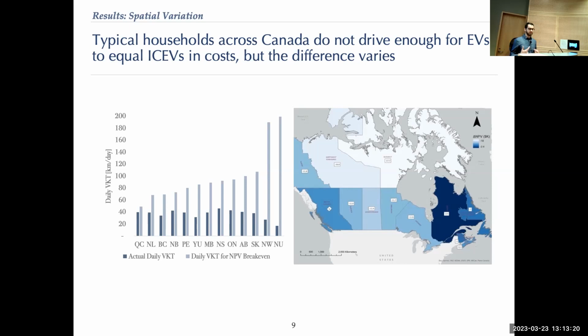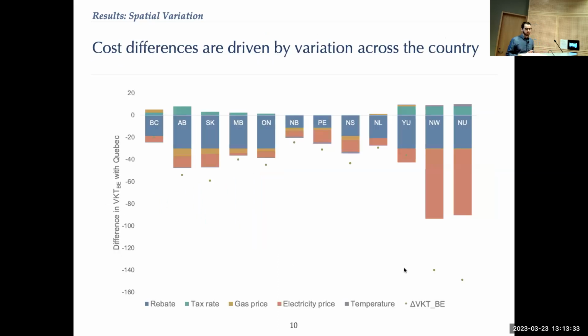So the next question to ask then is, where does all of this variation come from in Canada? I mean, it's quite a bit, and how does that actually happen? So what I've done then is this particular bar graph here. I've taken Quebec, which we saw in the previous slide is the most favorable jurisdiction for owning an EV, and I've compared the rest of the provinces and territories to Quebec as that reference point.